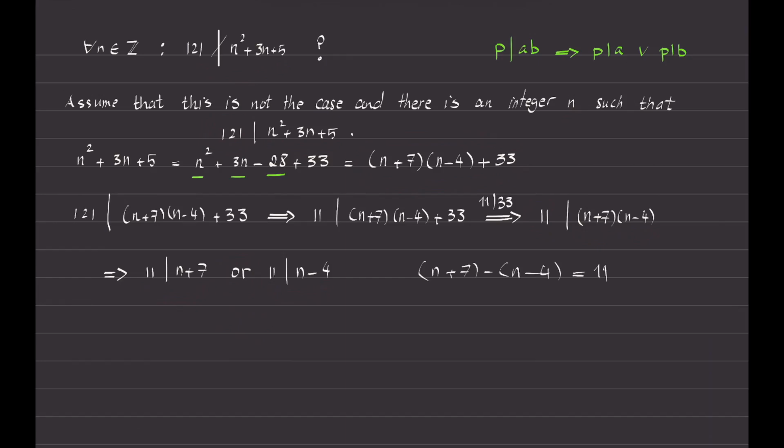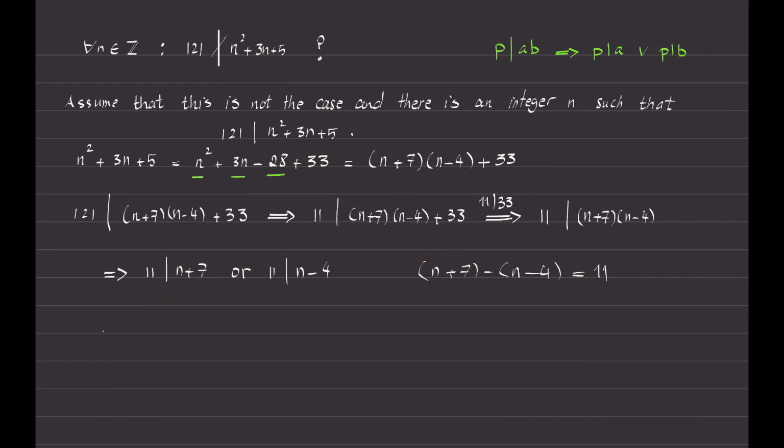If n plus 7 is divisible by 11, and 11 is also divisible by 11, then n minus 4 should also be divisible by 11. And the other way around: if n minus 4 is divisible by 11, then we can conclude that n plus 7 is also divisible by 11.